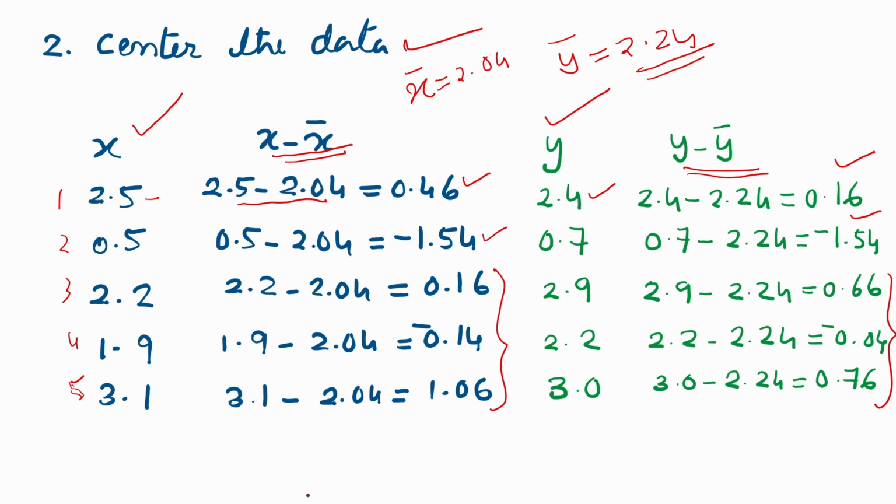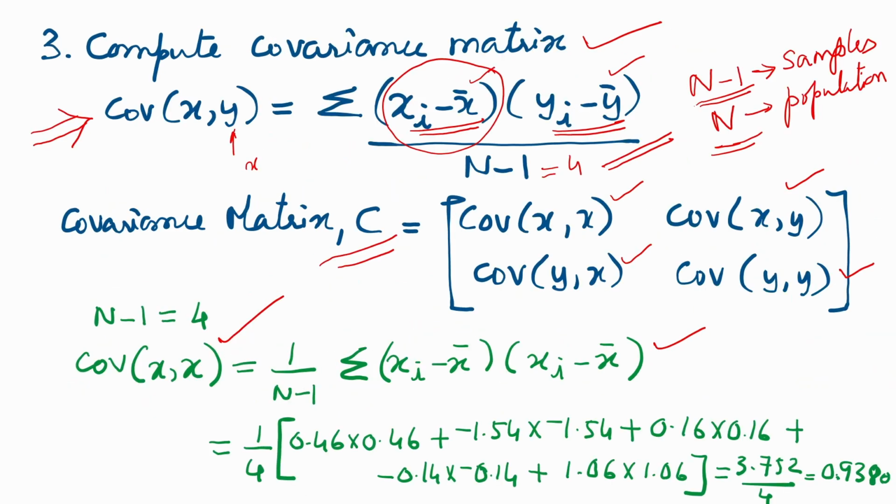For the first value it is 0.46. The second value is minus 1.54. So x1 minus x bar, where x1 is the first value, is 0.46, and it is multiplied by the same, 0.46, for the first data.